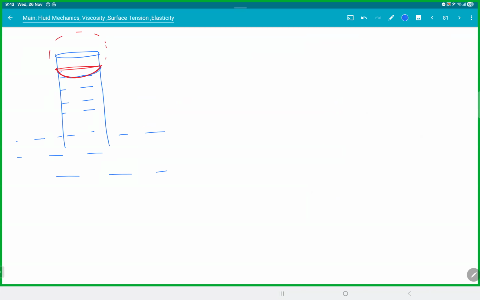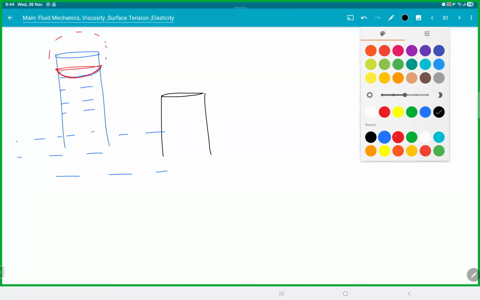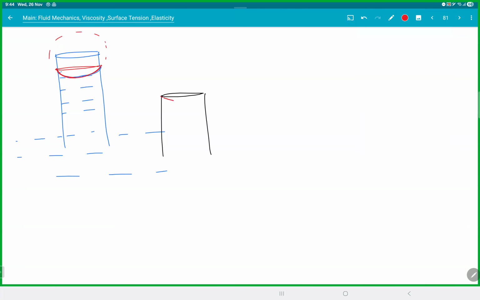But if you keep a tube of insufficient length, let's say you only keep it this much, the surface would become something of this sort. The surface curvature will not be the same. They'll have different radii of curvature. This will be r dash and this will be r. r dash will be greater than r.